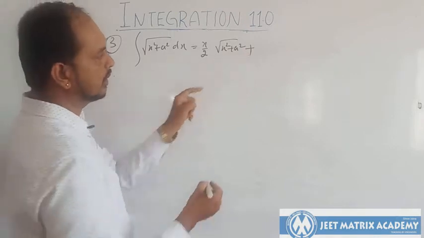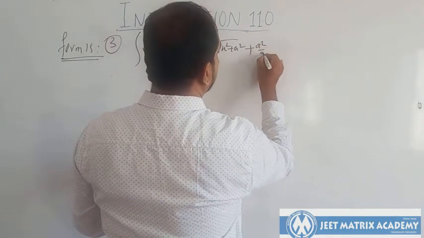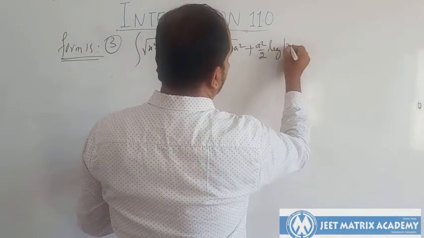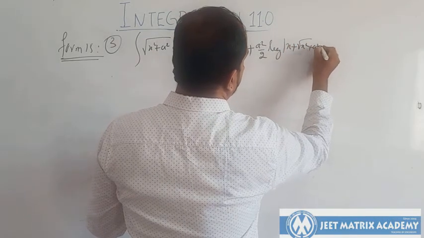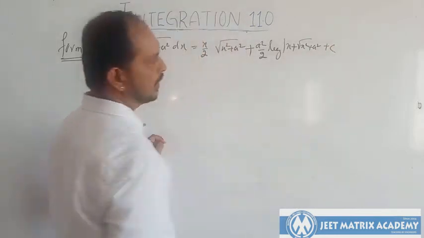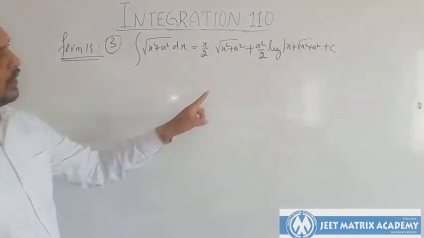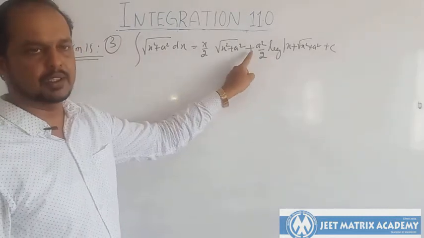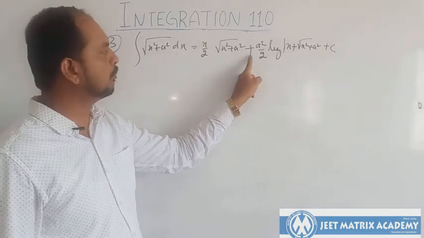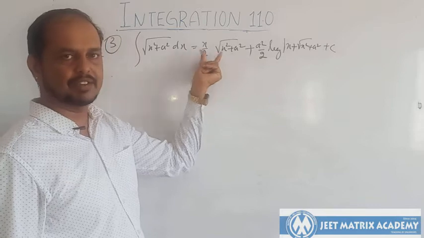Very important, careful observation. Rest of the things will be same, x plus root of x square plus a square. Rest will be everything same, only here plus, this is plus, it is plus. Previously this is minus, here also minus. Rest as it is, the same function it will follow.